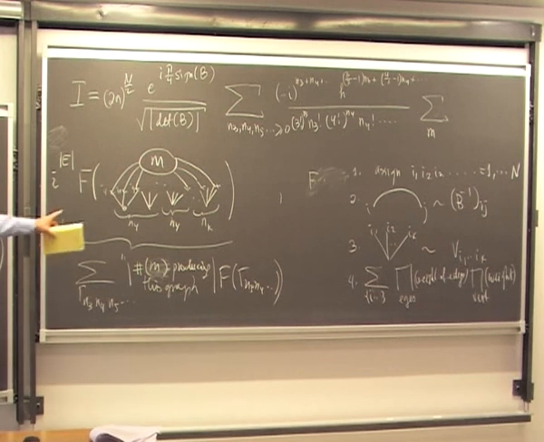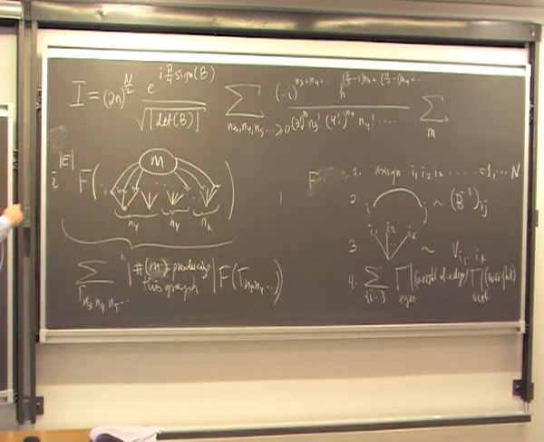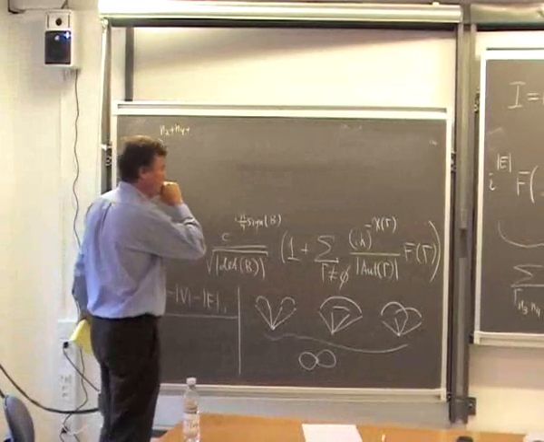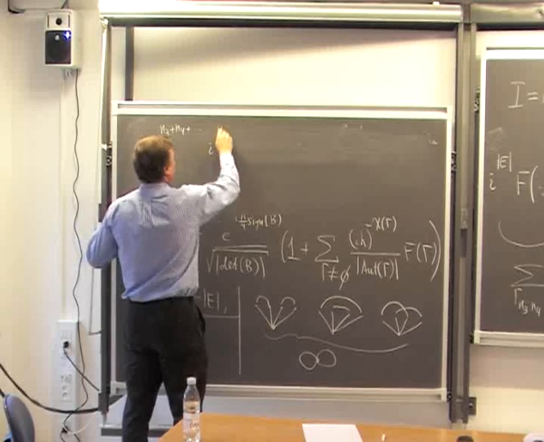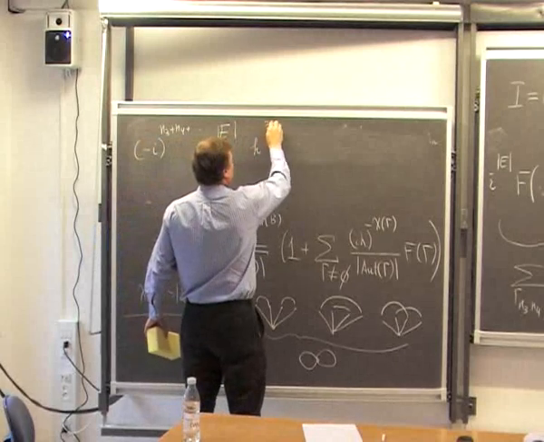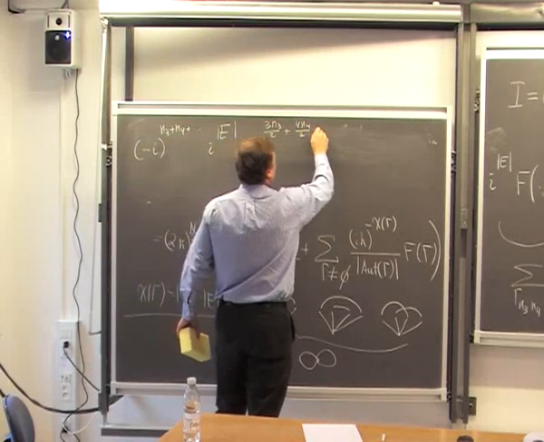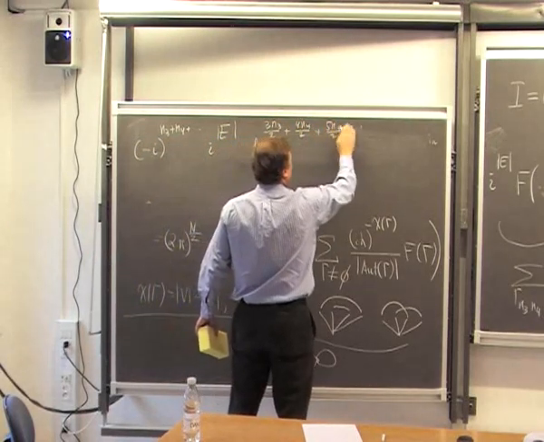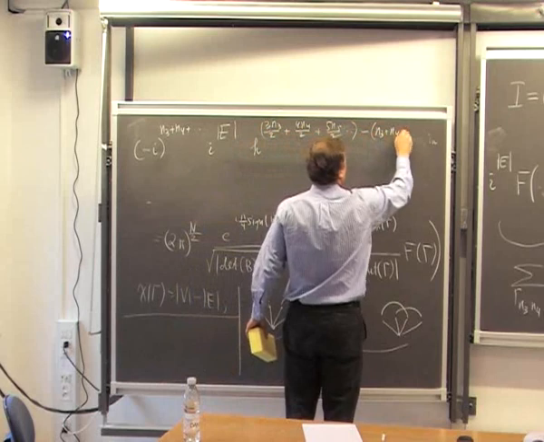And the number of edges in all these graphs, so it's the number of arcs. So we have a factor i to the number of edges, and then h to the power n3 times (3 over 2) plus n4 times (4 over 2) plus n5 times (5 over 2), minus n3 plus n4 plus and so on.